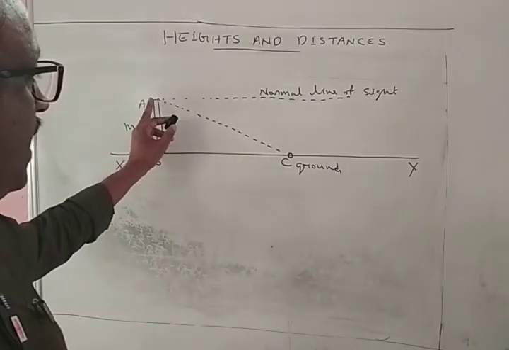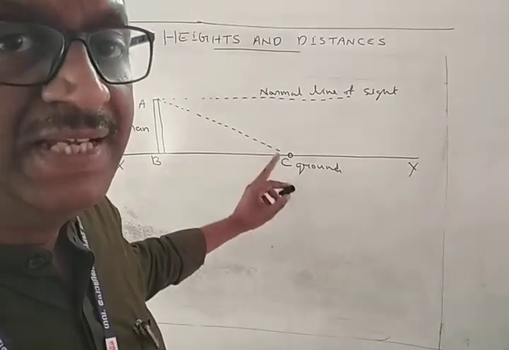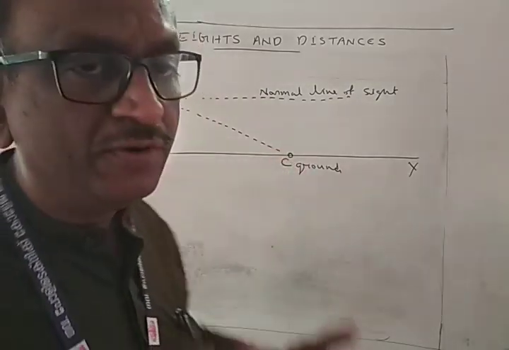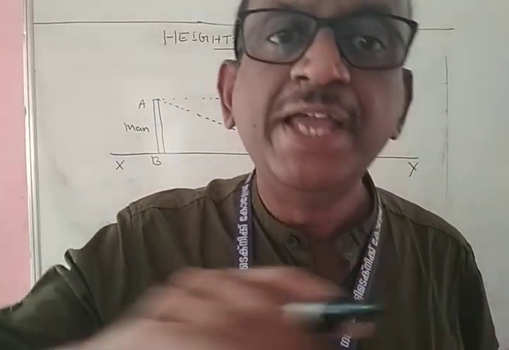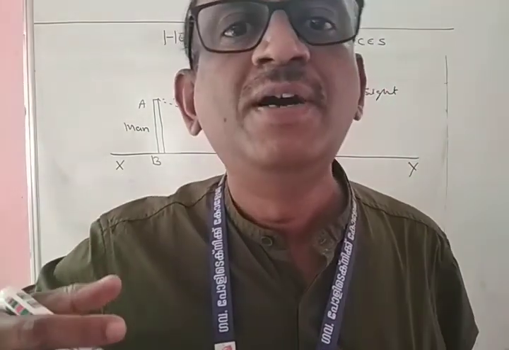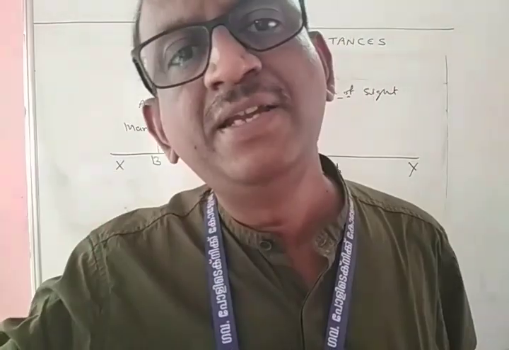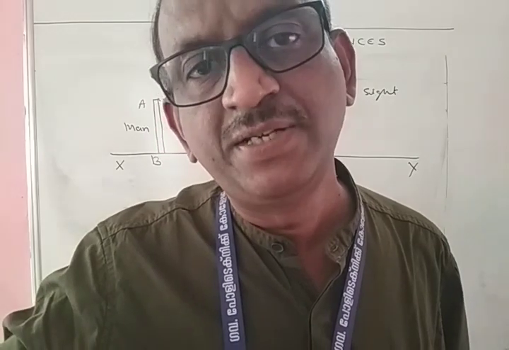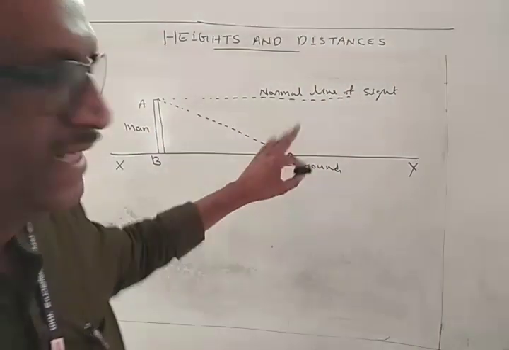The dotted line AC is the line of sight in this case. That is, if you want to see an object lying on the ground, that object is below his height. Therefore, he must lower his head and see the object. His line of sight in this case is the dotted line AC.